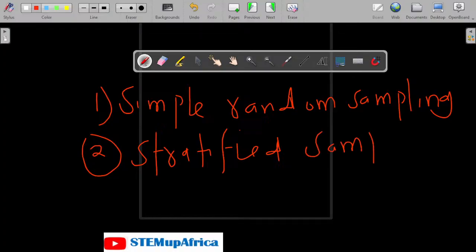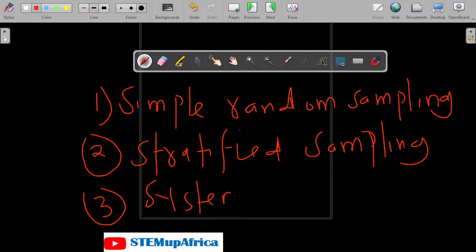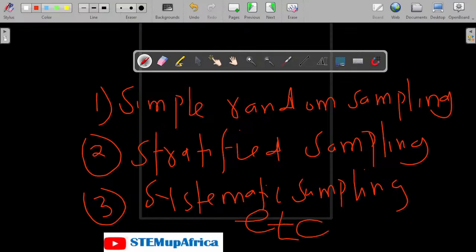They are present in research. All these things are there. Number 3, we have systematic sampling. So these are the types of sampling techniques that we have to sample data. We use any of these methods.